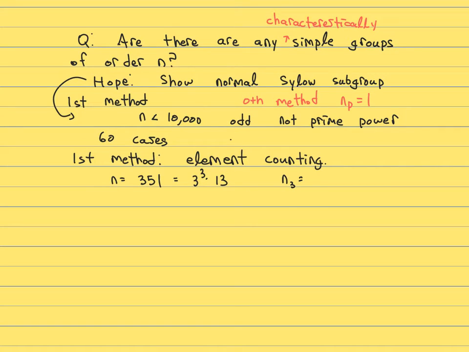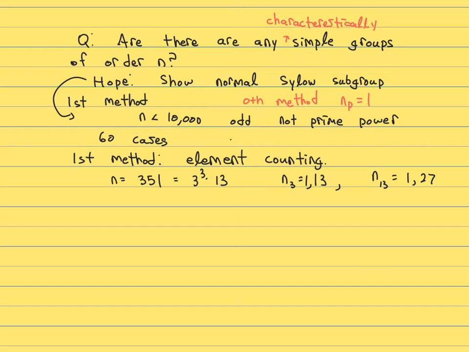And 13 is congruent to 1 mod 3, so 1 and 13 are the only options. Similarly, n_13 has to be congruent to 1 mod 13, and has to divide 27. 1 and 27 are options. So this is one of those 60 cases because we can't rule out 13 and 27.